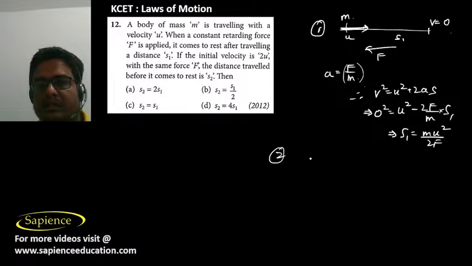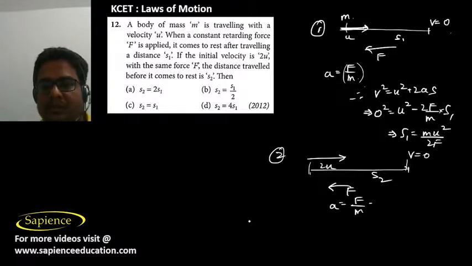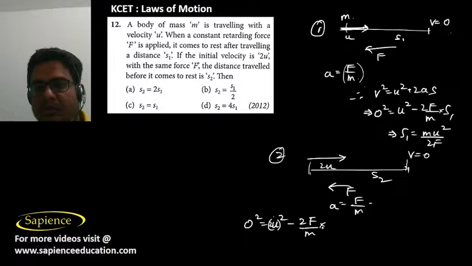And in the second case, if the initial velocity is 2u, then the displacement is s2 before it comes to rest, and the retarding force remains the same, which is f. So here also the retardation is f by m. So 0 square will be equal to 2u whole square minus 2f by m into s2.